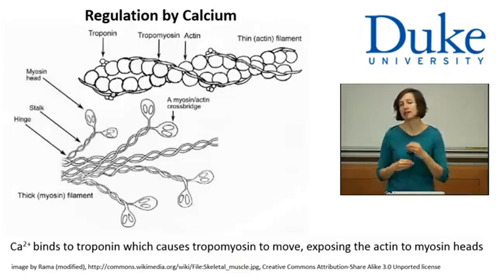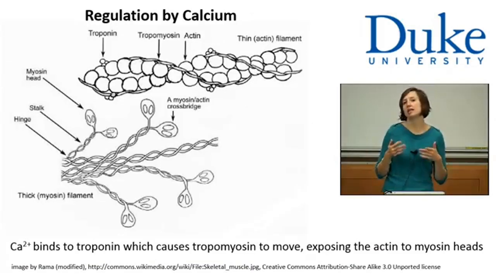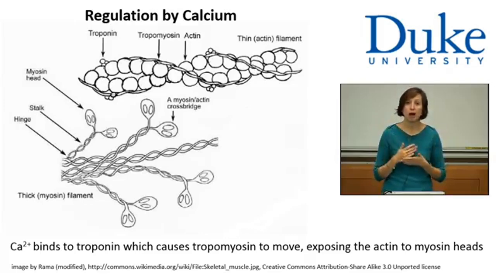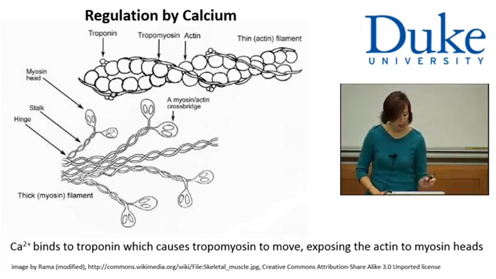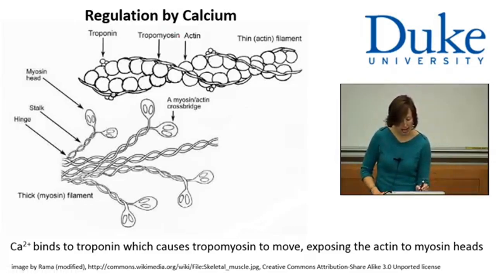So let's talk now with more detail about how this is occurring. And we've already said that that contraction is going to be regulated by calcium. And so how is this going to happen on a molecular level? We're going to look here at the top, which is actin, our thin filaments.